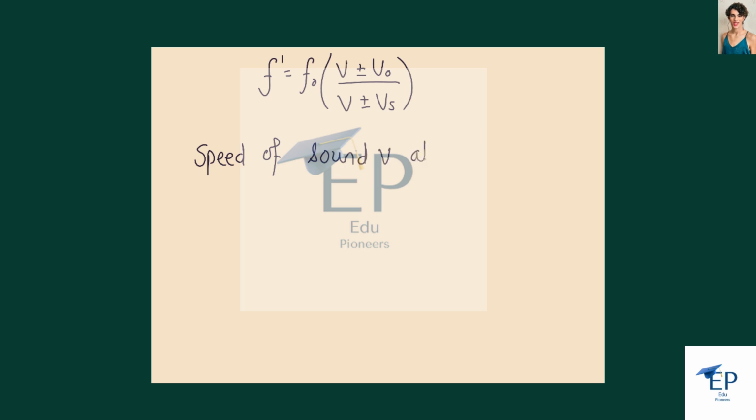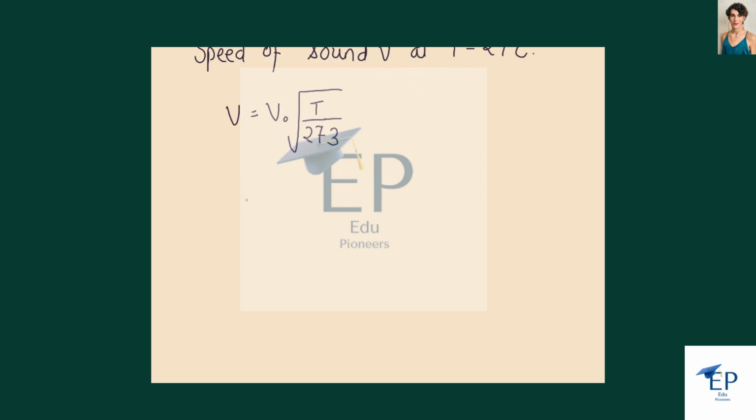V at temperature T equal to 24 degrees Celsius. At this temperature, the velocity of sound, let us write it. V is equal to V naught times the square root of T divided by 273. This is the formula to find the speed of sound at any particular temperature T. So we will just plug in the values.